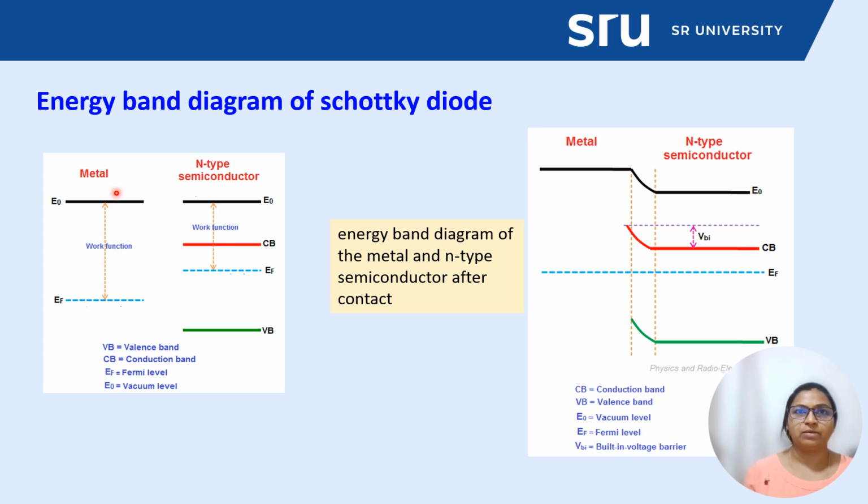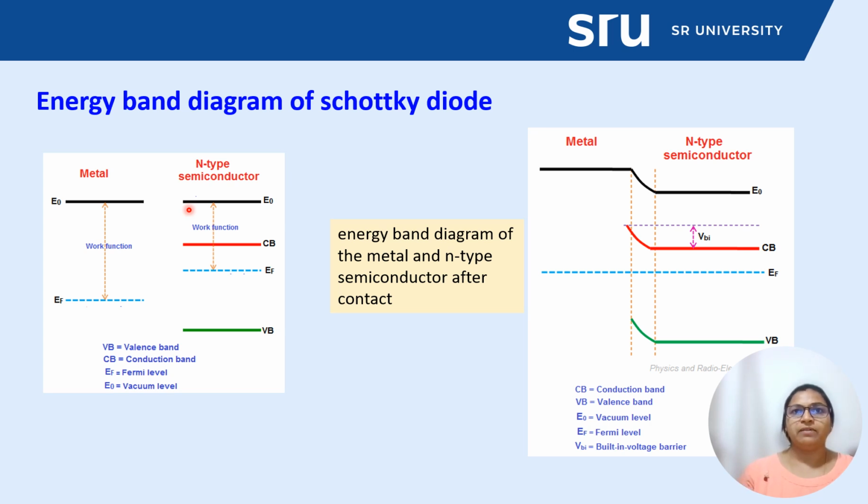We know that the work function of a metal is greater than the work function of a semiconductor. We can see that this value is very high compared to the n-type semiconductor, and therefore the electrons in the semiconductor have higher potential energy than the electrons in the metal.